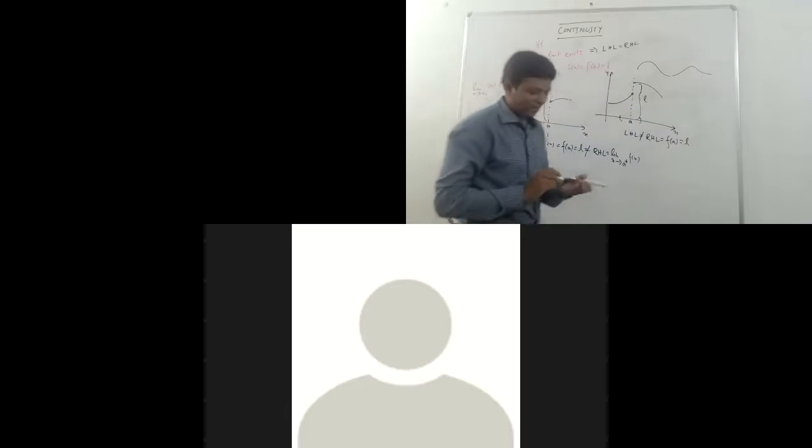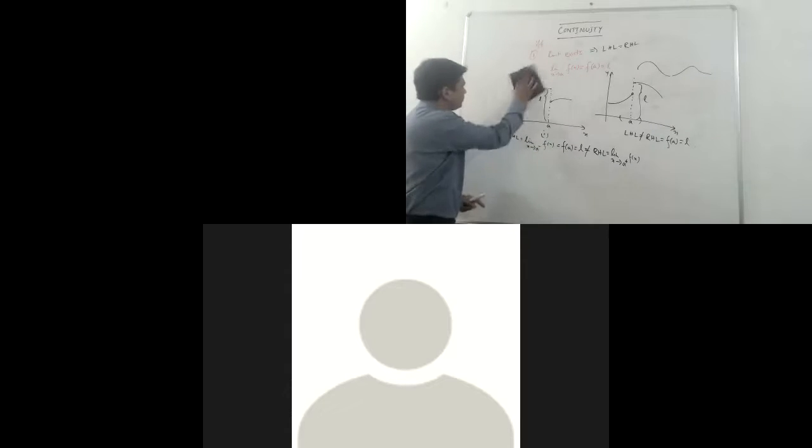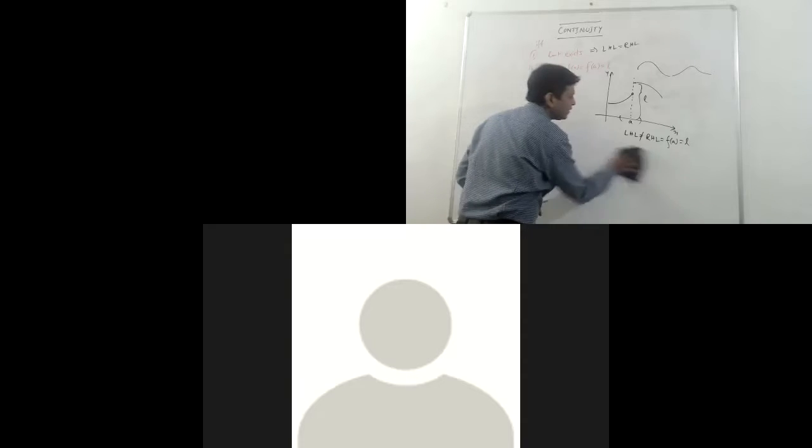Okay, next diagram. Are these two diagrams clear? Discontinuity. This is diagrammatic. Later on, problem solving. Okay, 1, 2.